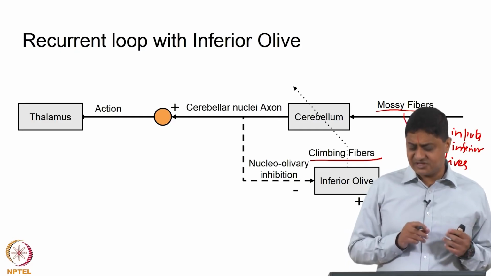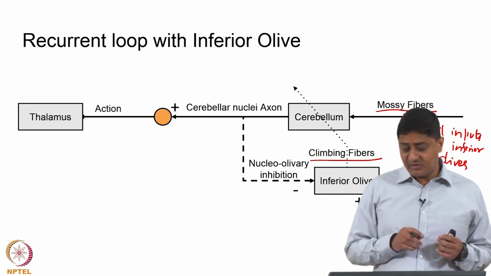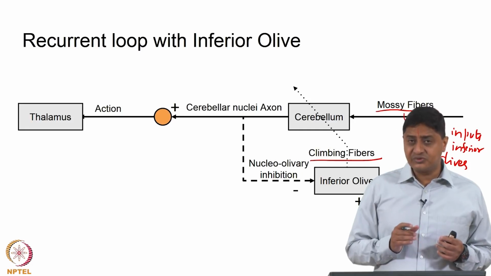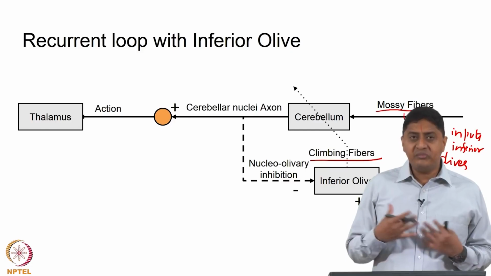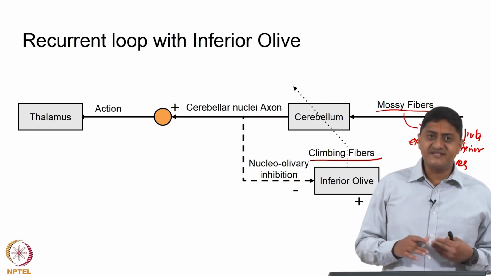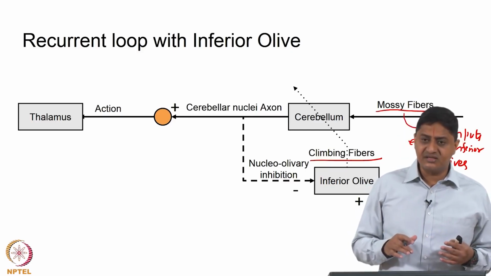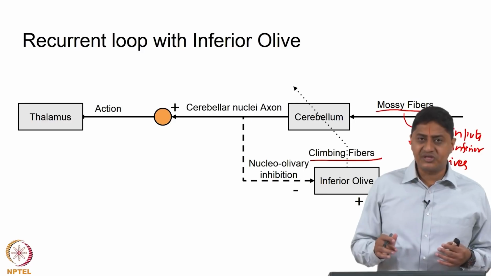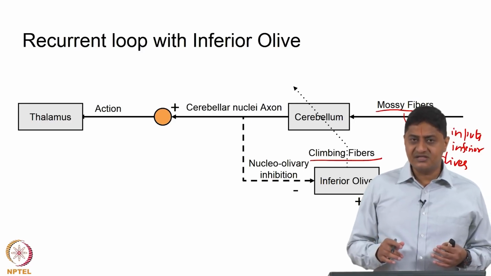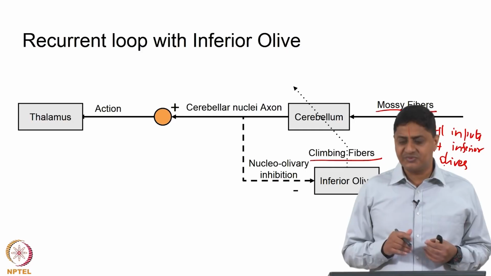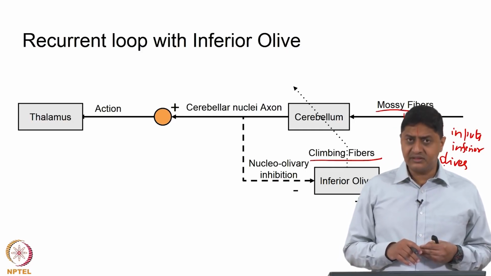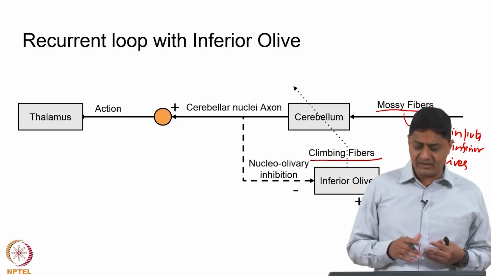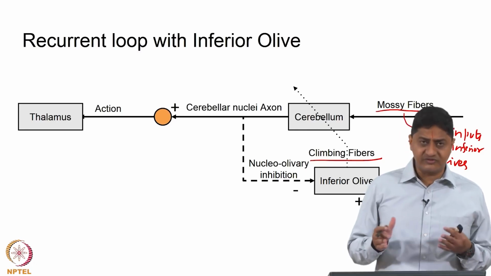We saw what is the special feature of these climbing fibers. Climbing fibers climb through the granular layer. They do not make synapses with the granule cells, but rather they directly synapse with the Purkinje cells, making hundreds of synapses with one Purkinje cell, for example, and in a powerful manner influence the output of the Purkinje cells.